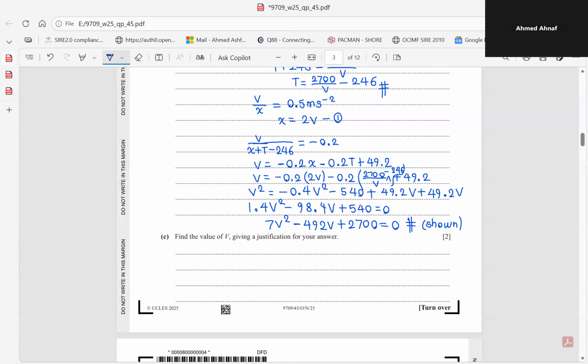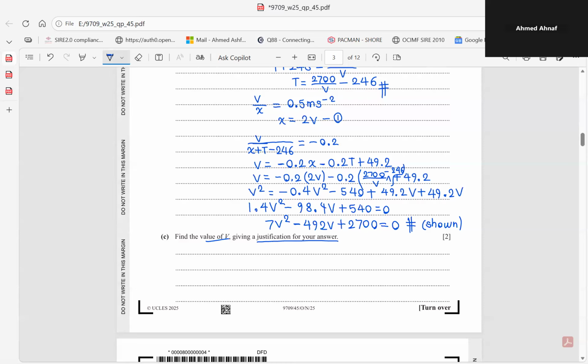So now we need to find the value of v while giving a justification for our answer. We need to give a reason why we accept or reject an answer. Let's try factorizing it. I don't know if it will factorize or not, but let's try anyway.